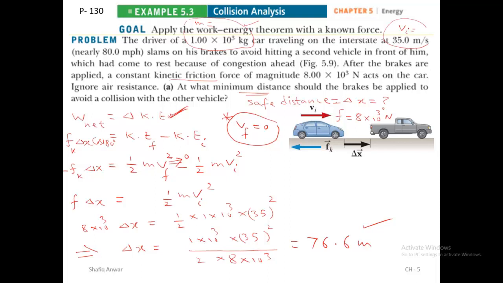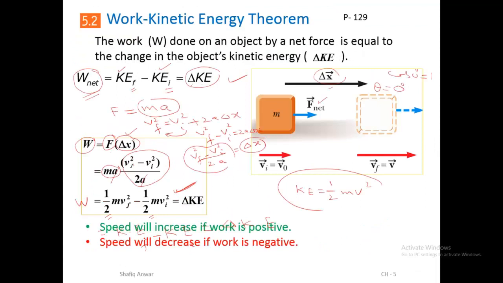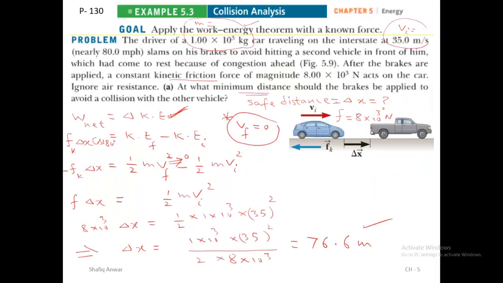We did it before. This is the rule that work done is equal to change in kinetic energy. You have final kinetic energy minus initial kinetic energy. This is the rule we're using here. So this is work done, and work done is equal to force, which is force of friction, F_k, displacement multiplied by cosine theta.